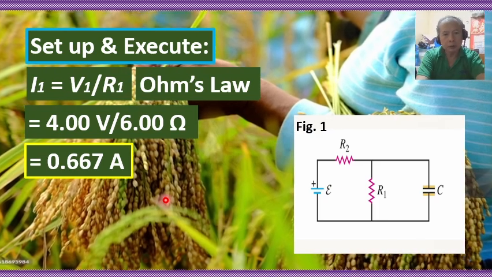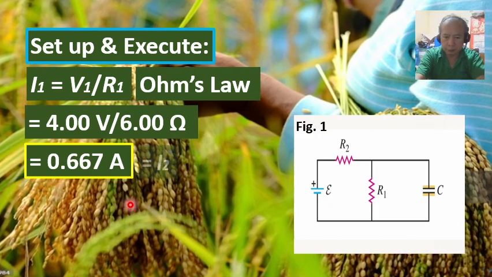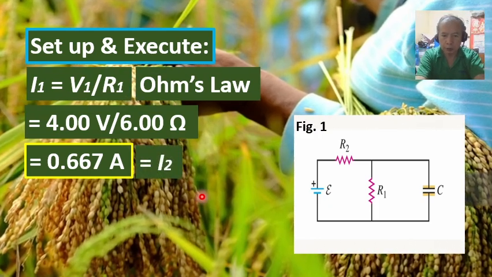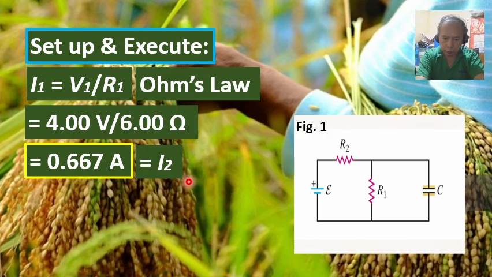And believe you me, this current is also equal to I sub 2, the current through the resistor R2. Why is this so?